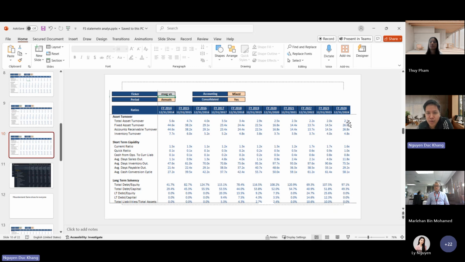So we cannot conclude that Mobile World is much better at utilizing assets than HPG. It's too soon to conclude like that.